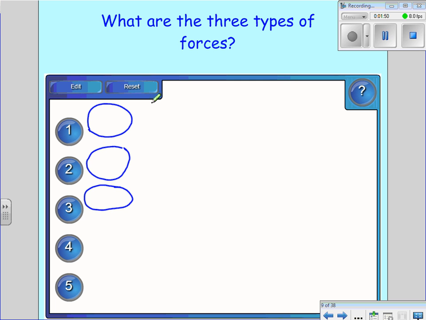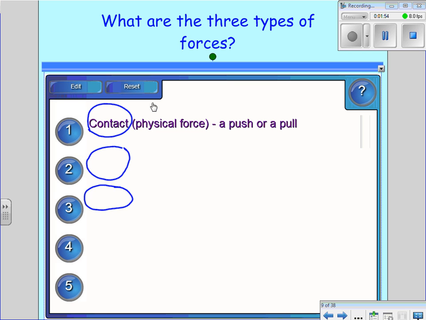The first one is contact or physical force. That is the push or pull that we talked about in class. The second type of force is gravity, and that is that force of attraction between 2 masses.